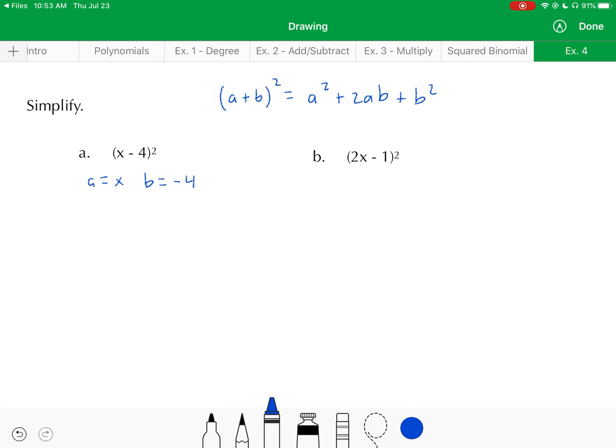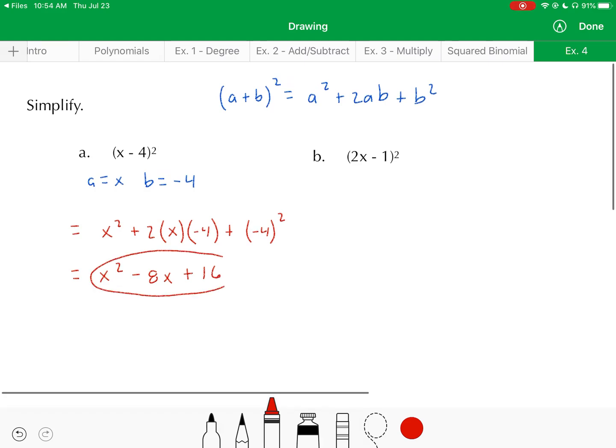If I apply the formula from above, then this is going to equal x to the second plus 2 times my a value, which is x, times my b value, which is -4, plus my b value squared. So that's going to give me x squared minus 8x plus 16. Okay.